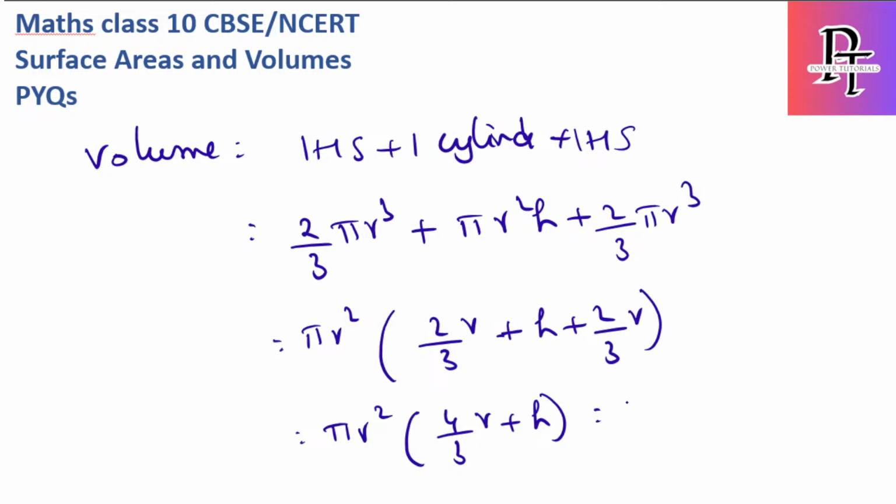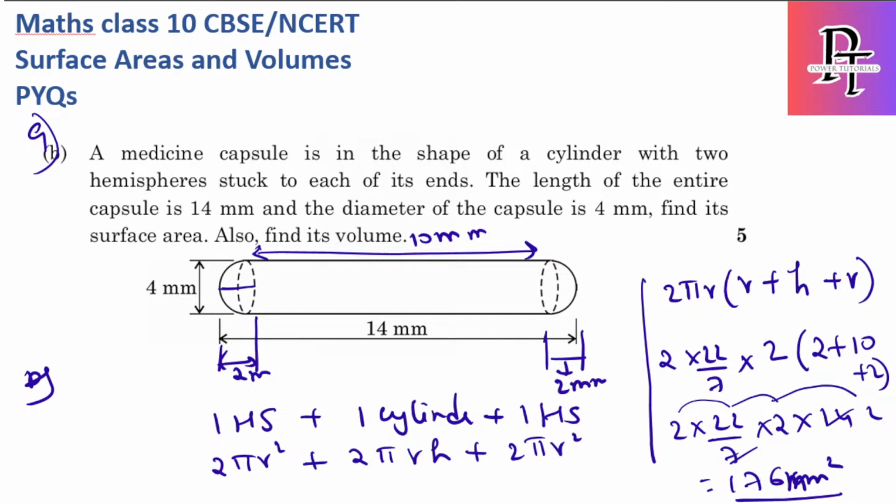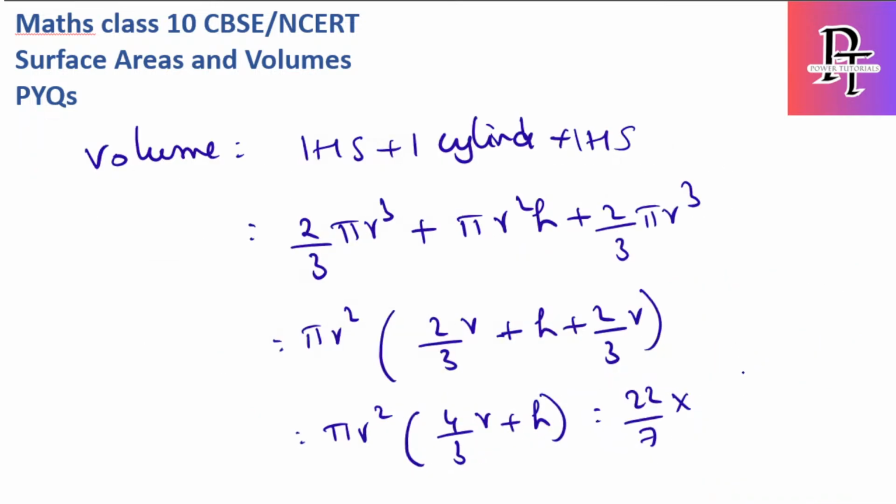Okay, now substitute the values. It is 22 by 7 into radius is how much? Radius is 2. So 2 square into 4 by 3 into 2 plus height is 10. So it is 22 by 7 into 4 into 4 2s are 8. 8 by 3 plus 10.